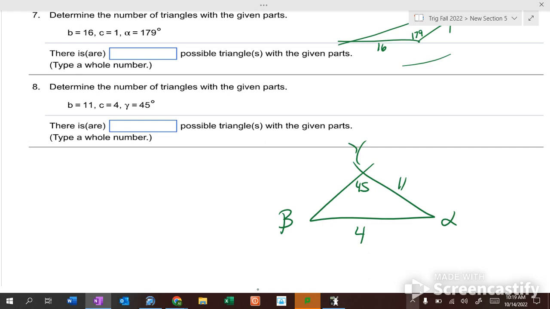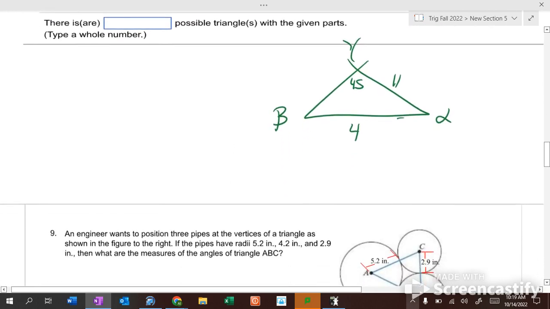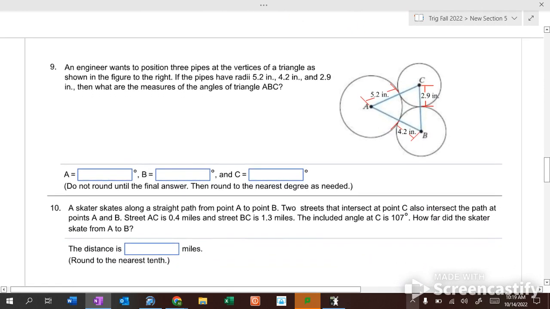Okay. So then you have to use the law of sines and see if you can do an obtuse angle like from the last assignment. Just figure out if there's 0, 1, or 2 triangles.